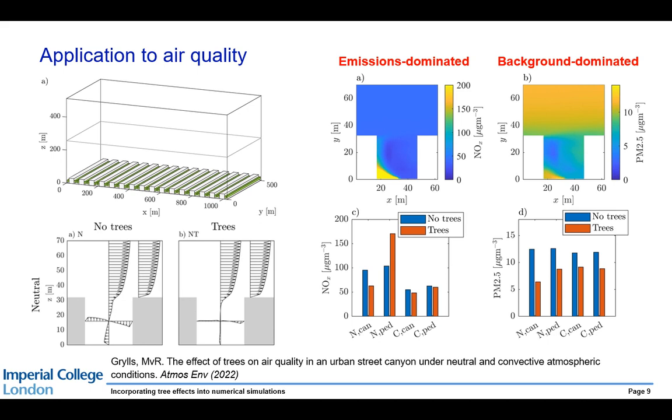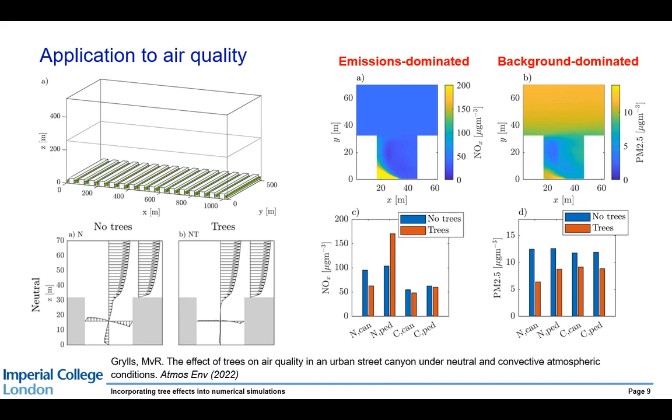And if we go to the top right, I think this is again the neutral case. The two different scenarios we're considering here are an emission-dominated regime, in which you have a source of pollution within the canyon itself, and on the right is a background-dominated regime, where your pollution was generated somewhere far away, and it's flowing over in a kind of uniform concentration.